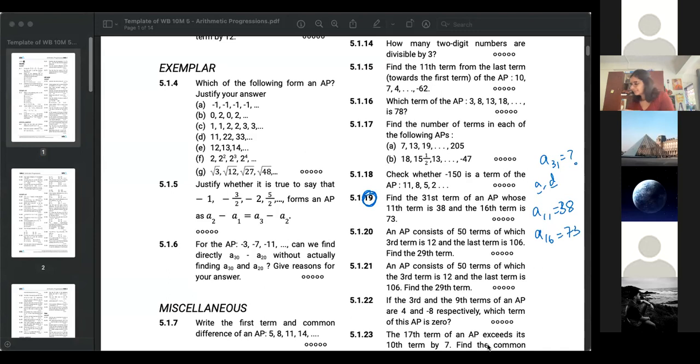Everyone has sent the final answer, so I shall check. I'll verify it for you, Mansi. Mansi, yes, the value of D is correct. So you can use that and proceed.